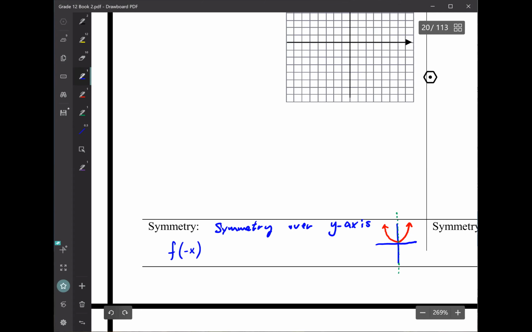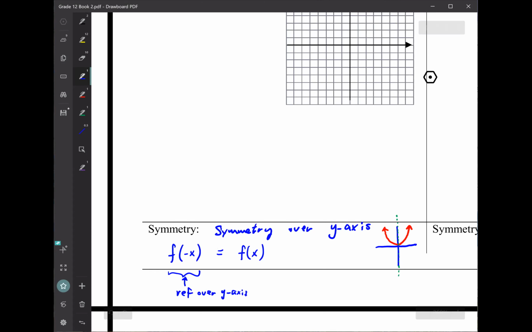So this means reflect over the y-axis. If I reflect over the y-axis and it still looks the same, the same means I put equal, same as before I reflect, so without the negative. So if this happens, then it's called symmetry over the y-axis.